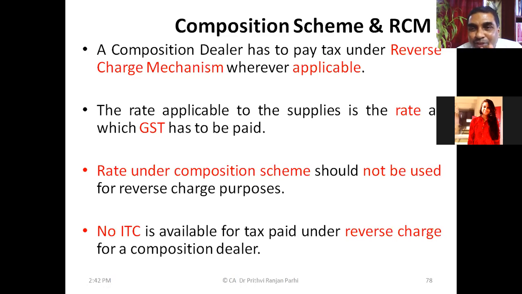If you have understood the first chapter thoroughly, you will definitely have confidence that you know most of the things of GST. Legal aspects you may not be knowing, but conceptually, by the time you complete the first chapter, you will know everything about GST. Entire GST will be under your control.